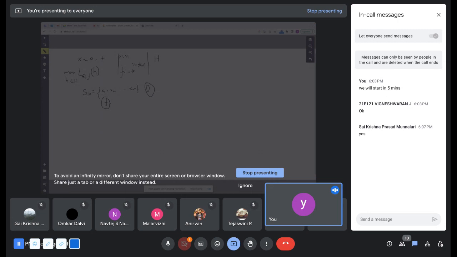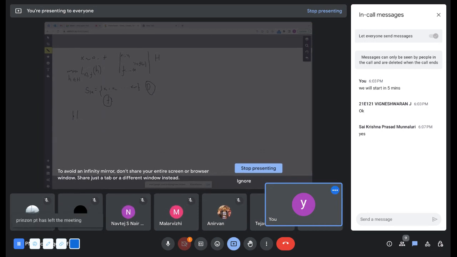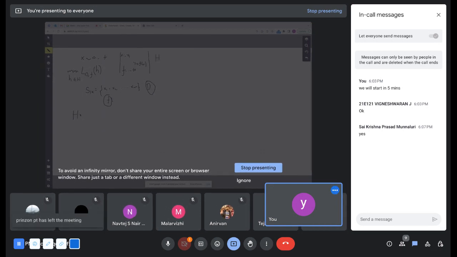For this, what you assume is some function class H. There's a bunch of functions, say a set of neural networks, or say a linear regression kind of thing.